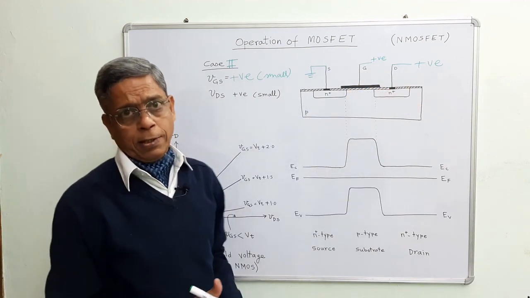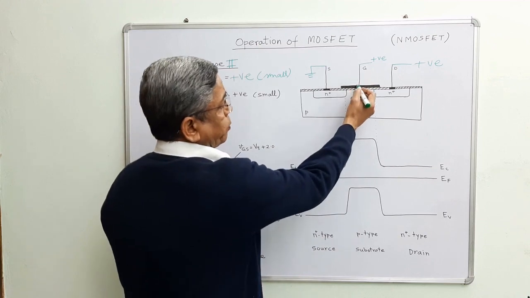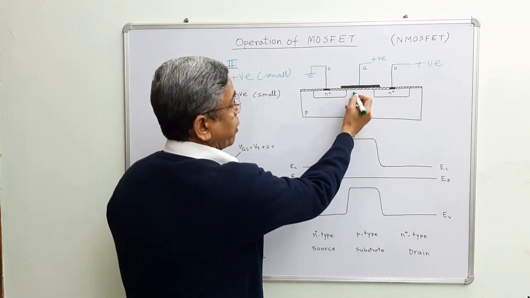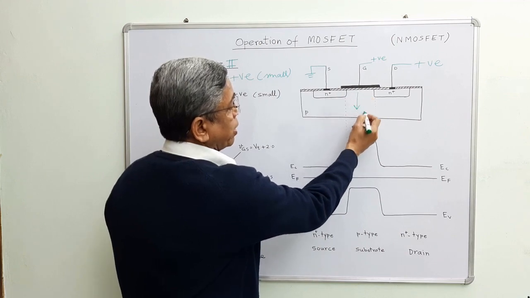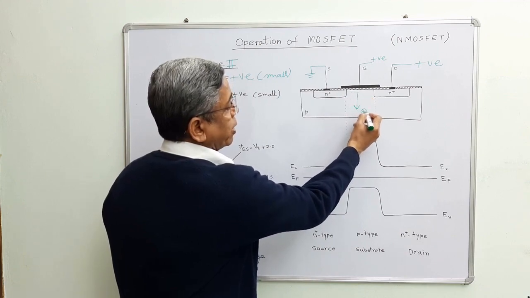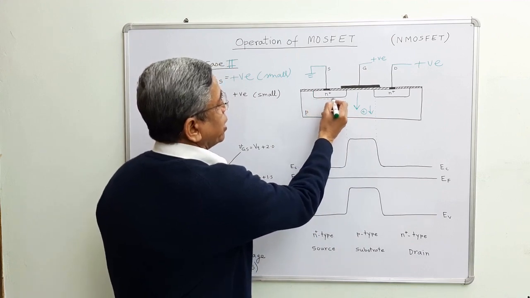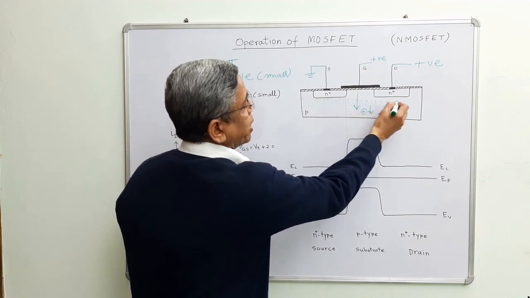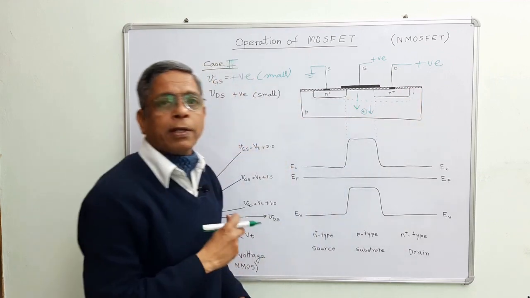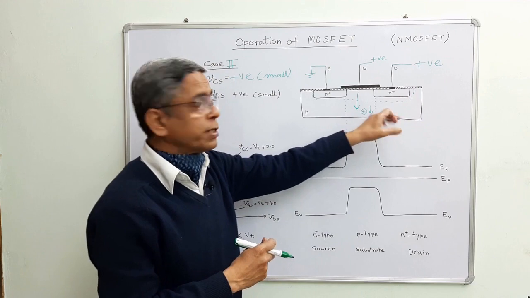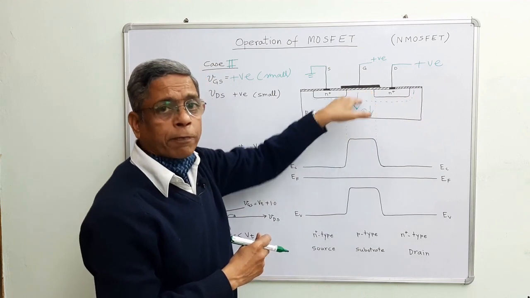The very first thing, this positive potential will repel all holes from here downward. All holes will move this way. That means it will create one depletion region this way. This is the boundary of the depletion region just below this silicon dioxide surface.